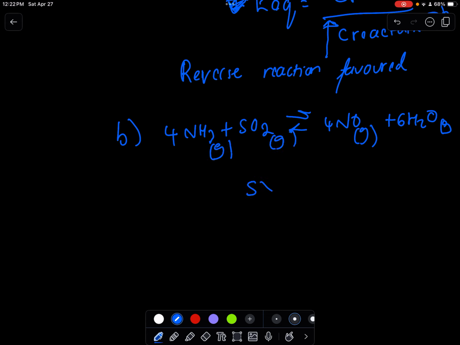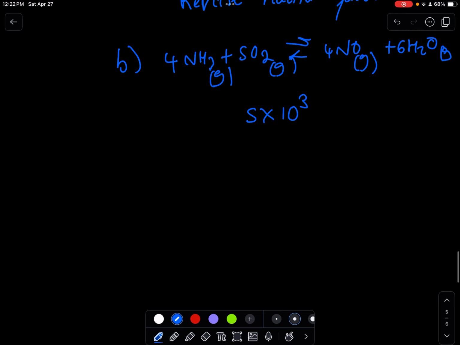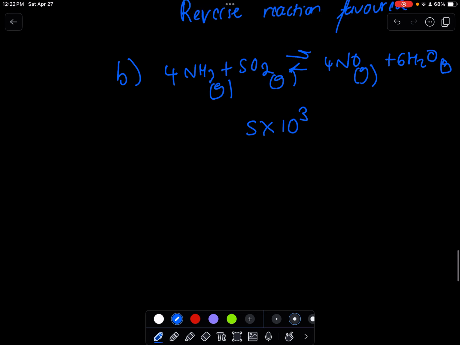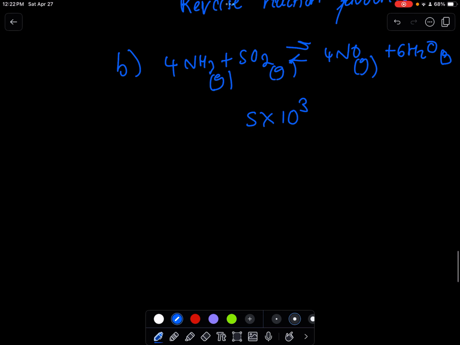And the equilibrium constant is 5 times 10 to the 3. So, what's favored, reactants or products? Look how big the equilibrium constant is. It's much greater than 1. And I'll explain why that's important. What does that mean? It means that the products are favored.